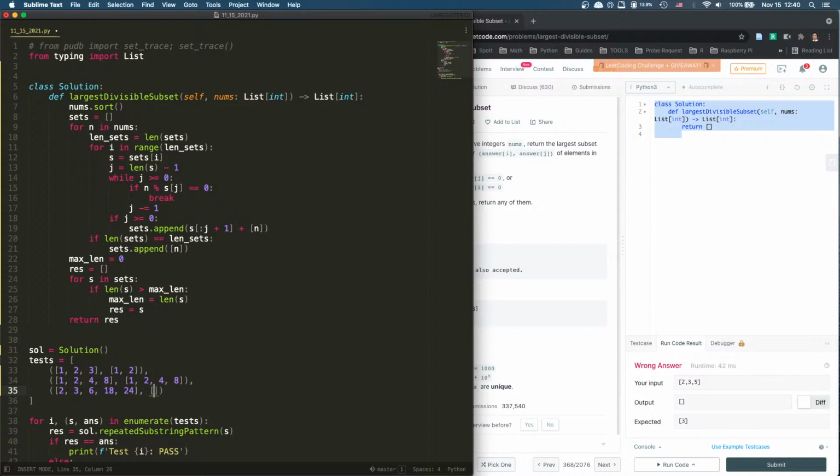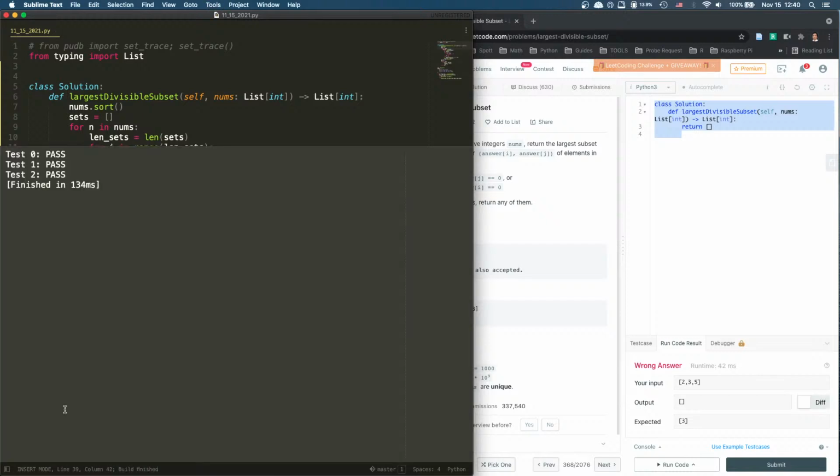This one, I think, in my case, I'll return 2, 6, 18. I might not. That's one of the largest of these nums. It passed.